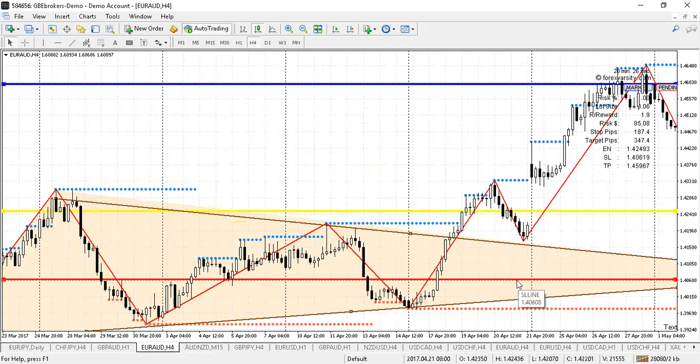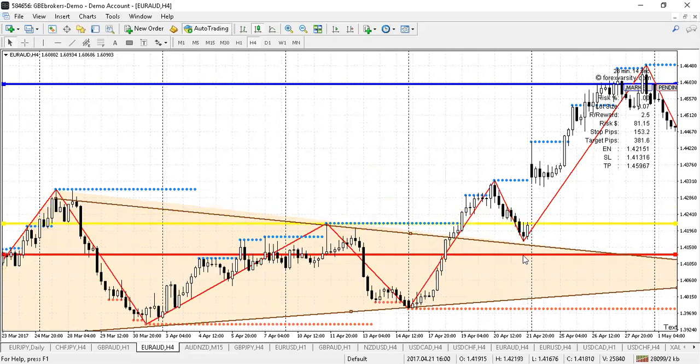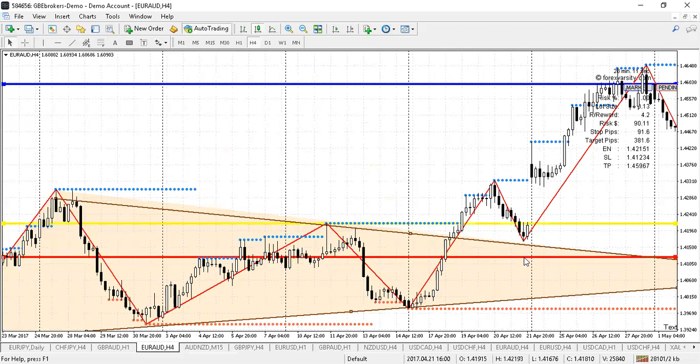The other thing you can do is, once it's broken, very often it retraces and gives us a B, C going. So then you could enter on that C point, and have your stop loss just below, as we teach you on the course, and then you could have that as your target, and that would give you a nice 4.2 to 1.